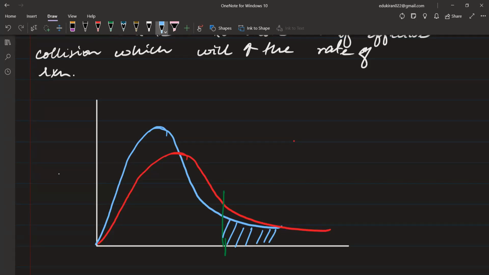But if you look at the red one, these are the extra parts. Now, what has happened with blue and the red one? Let us say the blue one is T1 and the red one is T2.